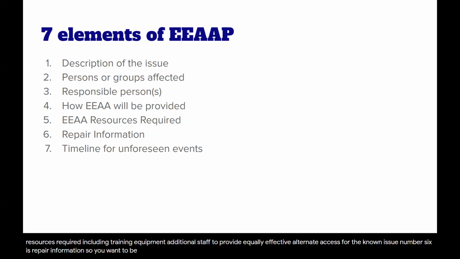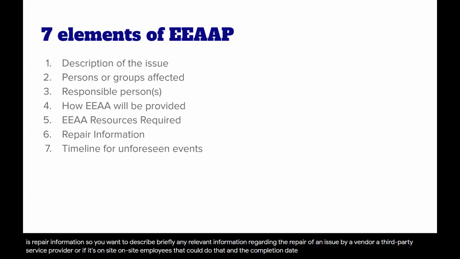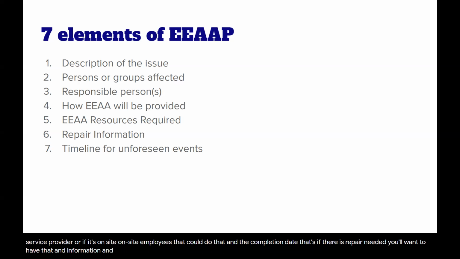So you want to describe briefly any relevant information regarding the repair of an issue by a vendor or third-party service provider, or if it's on-site employees that could do that, and the completion date. That's if there is repair needed, you want to have that information and preparation.